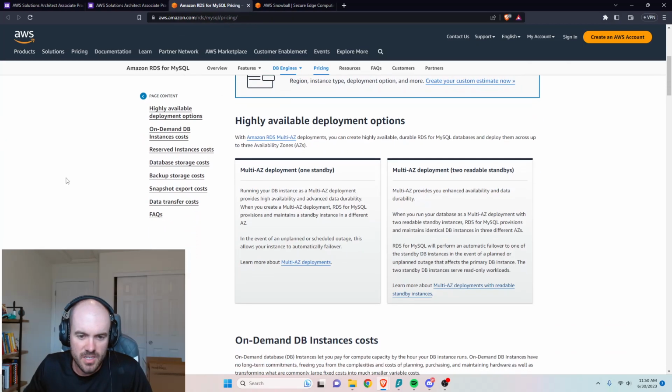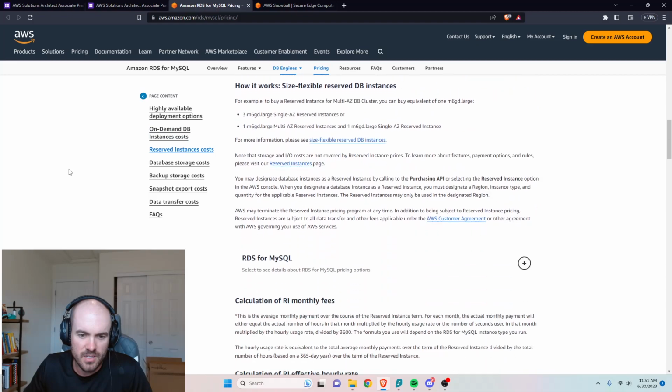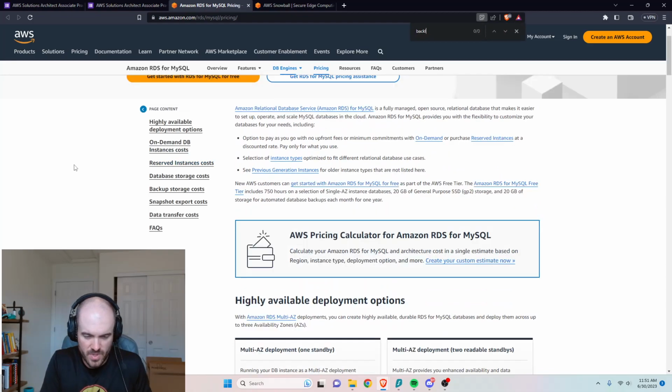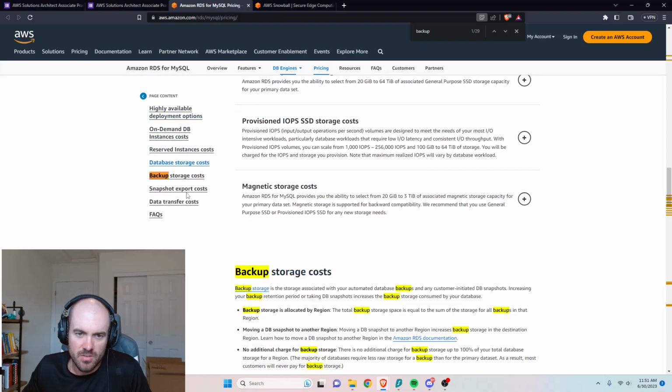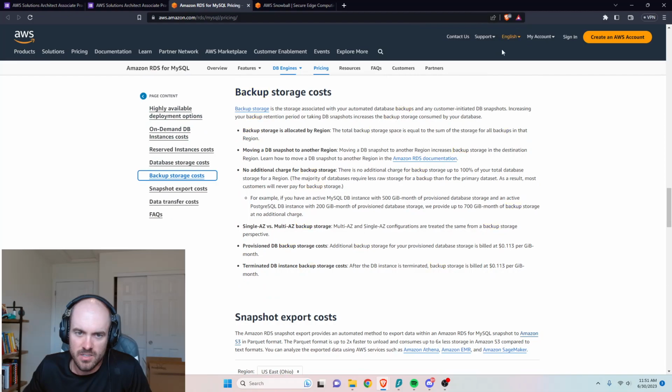we can see backup storage costs. You can see here there's no additional charge for backup storage up to however much storage you have provisioned in a region.